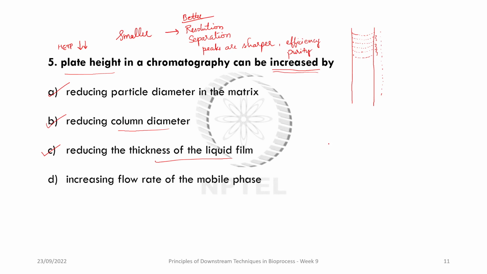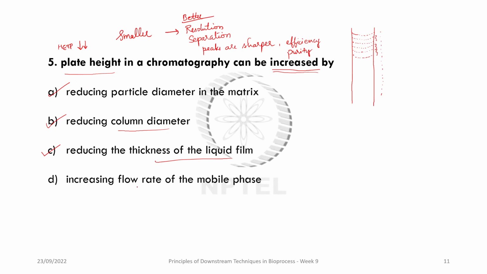Although you call it chromatography, solid gas, or liquid gas, at the end of the day, we are talking about molecules, chemicals, protein species moving from one bulk phase into the other one, or the mobile phase, which is trying to elute the protein or separate the components. So the thickness of the liquid film plays a role in how quickly the mass transfer can happen. So reducing thickness again helps in decreasing the height of theoretical plates.